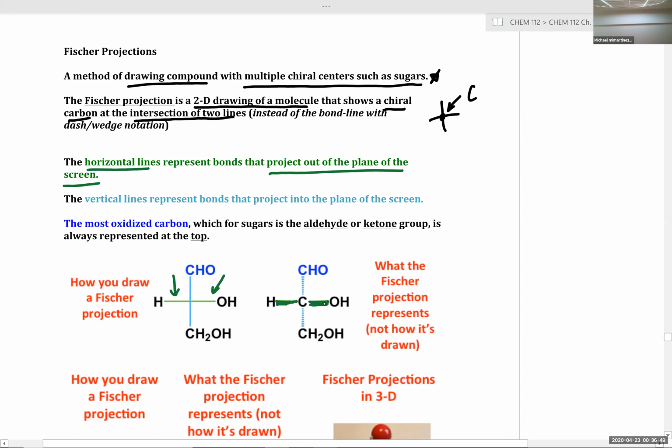So if we have an OH and a hydrogen on a horizontal line, from our perspective, are they pointing towards us or away from us, if we're looking at our 3D view of the Fischer projection? Towards, exactly. So they have a wedge.